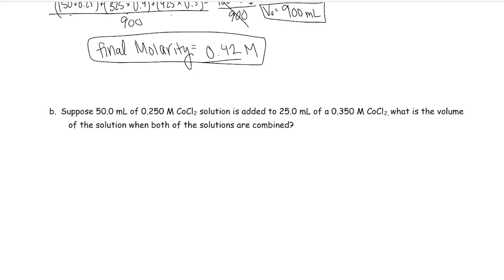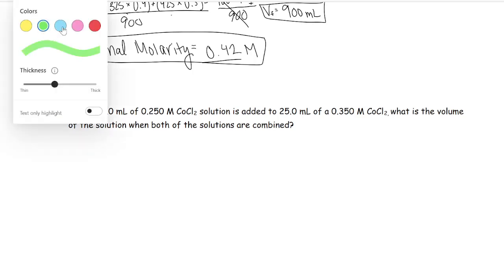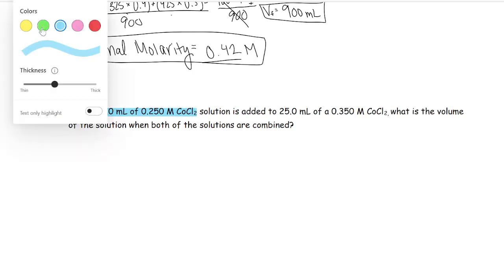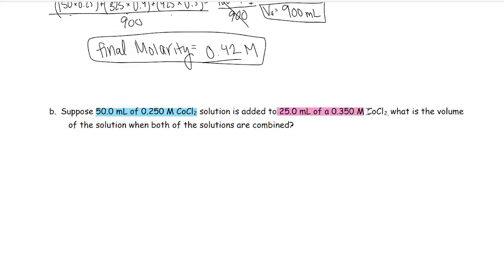So if my equation, I'm going to highlight them in different colors. So we'll do blue first. So if I have 50 milliliters of that solution, and I have a different solution that is 25 milliliters of that one, when I combine them both, the first thing I can do pretty easily is find out what is my final volume.